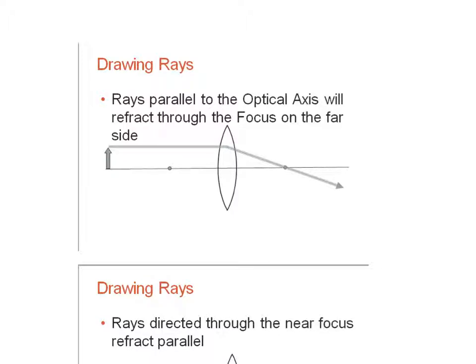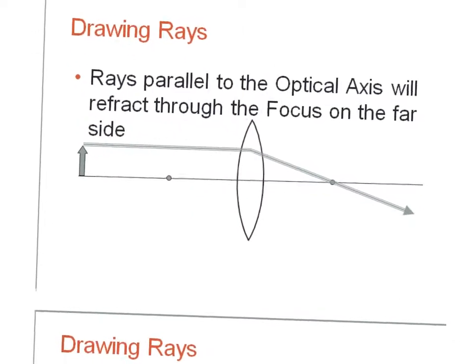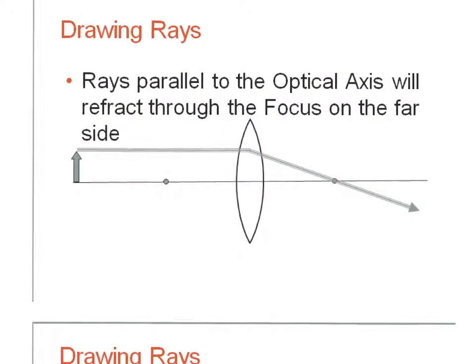All right, so here's a quick recap on ray diagrams and optics. The first thing we need to identify is what we're looking at here. Looking at this diagram, I've got a lens. I've got this horizontal line that always runs perpendicular to the lens, and this is the optical axis.